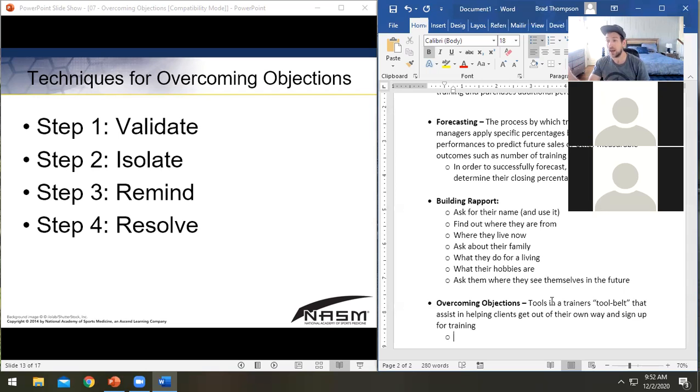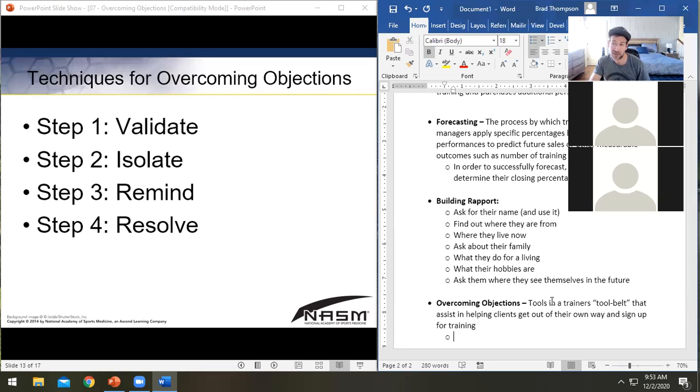And if they're like, yeah, well, price and I'm not sure I have enough time. Okay, we have two concerns, right? By isolating the problem, number one, you only have one thing to deal with. And number two, it's allowing them to only focus on this one thing, which is what we're going to try to resolve in the next two steps.